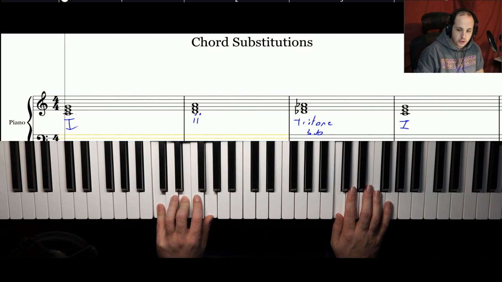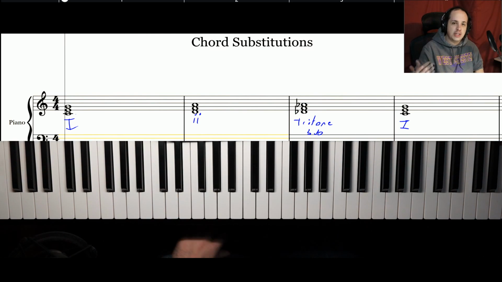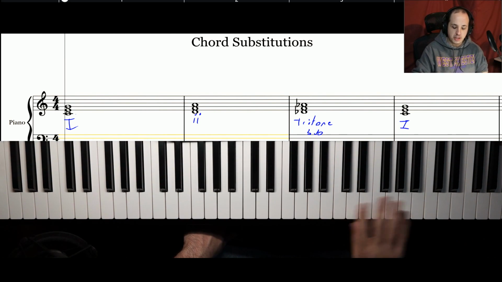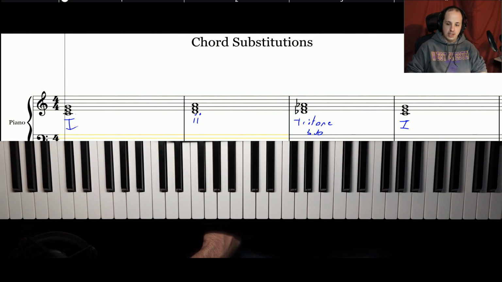So there, I just used a bunch of chord substitutions. You can see that it did change the sound a little bit, but the melody I just kept the same, at least the same collection of notes, and it didn't change at all. But great question.